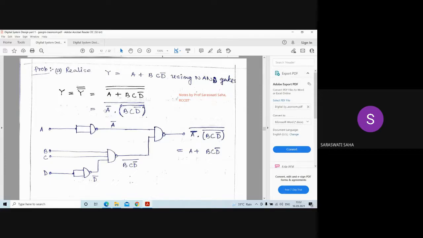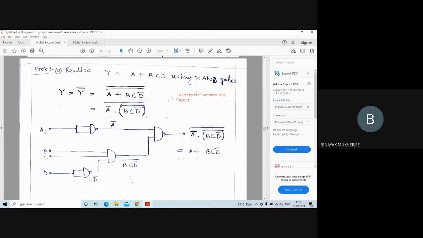First, one term which is A bar. How can we get this? Using a NAND gate. In this configuration, when we connect these two terminals, we get a single terminal. This two input NAND gate acts as an inverter circuit. Agreed?